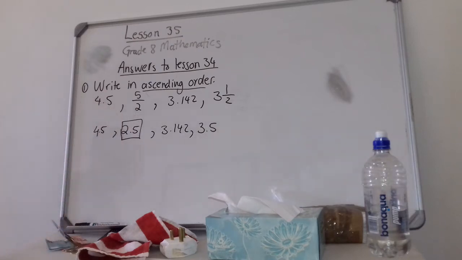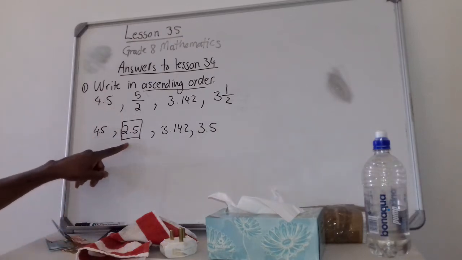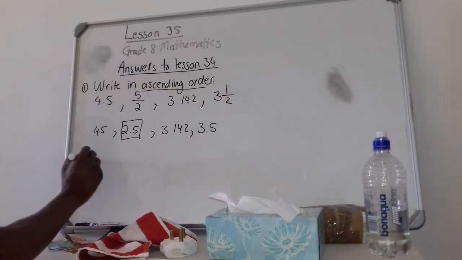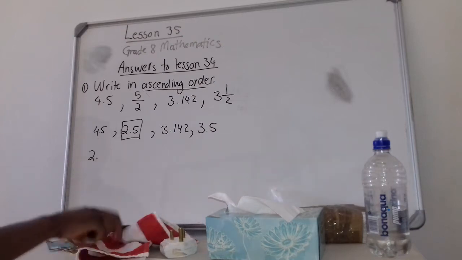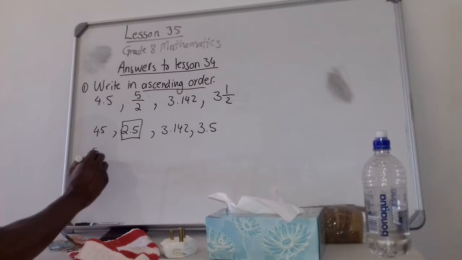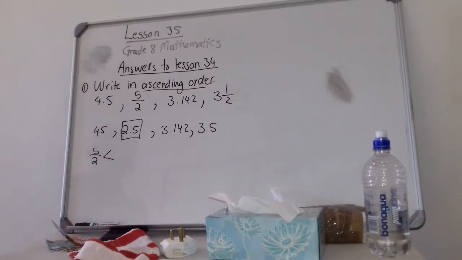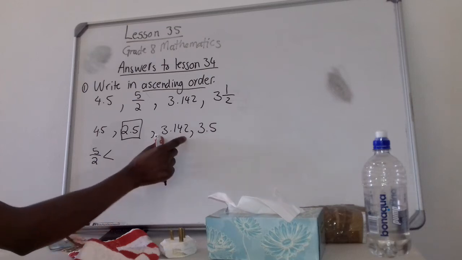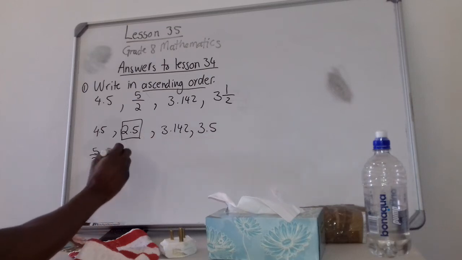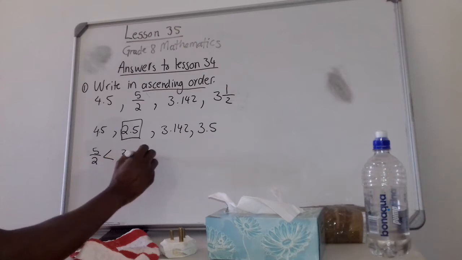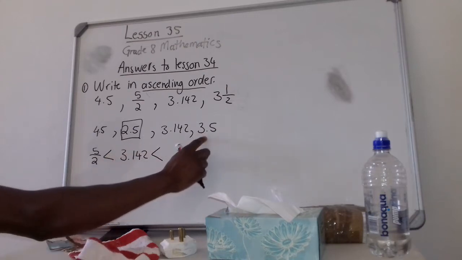When you write down your answers, you don't write down the numbers that you've manipulated or changed. You should always write down the original number. So 2.5 is the smallest number, but we write the original number, 5 over 2, as the smallest. It's followed by 3.142, and then followed by 3.5.